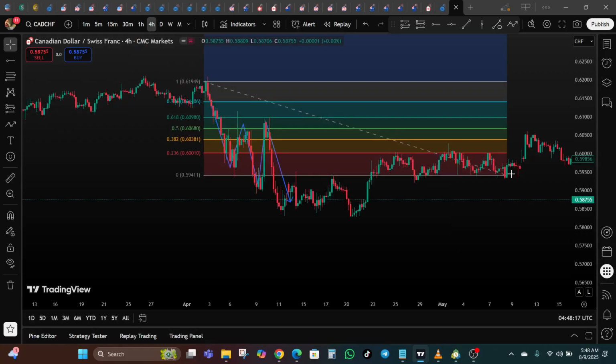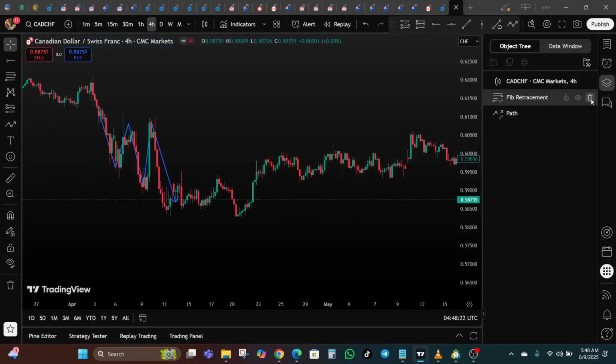Now, finally, we are going to be talking about divergence trading. Okay, this involves comparing price movement with an indicator like the RSI or the MACD. You can decide to use the RSI or the MACD for this divergence trading.